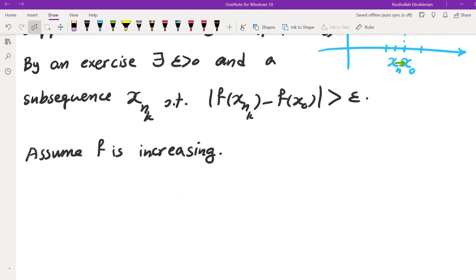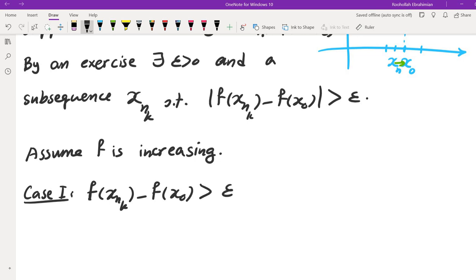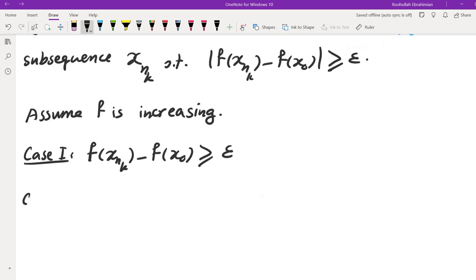Okay, so now there are two possibilities. Case 1 is f of xnk minus f of x0 is positive, and this is greater than or equal to epsilon. And case 2 is it is negative.